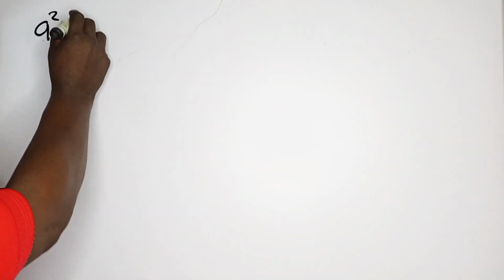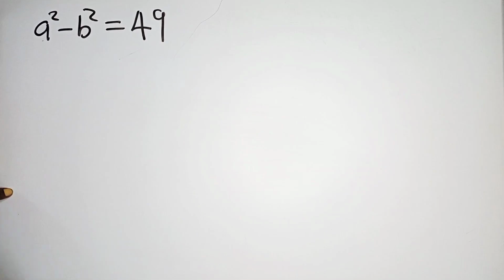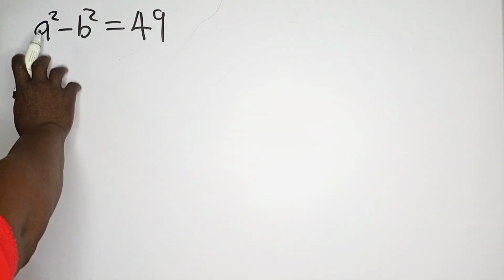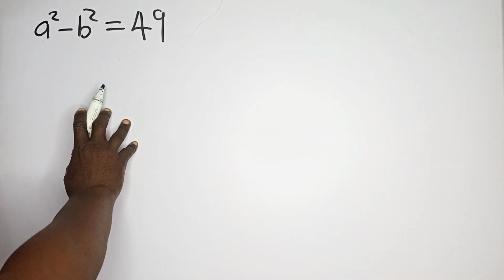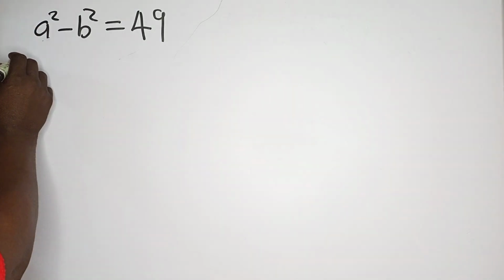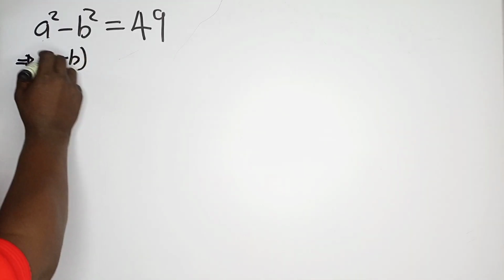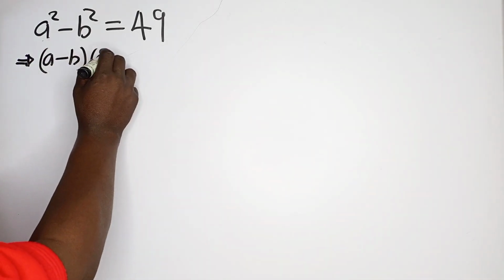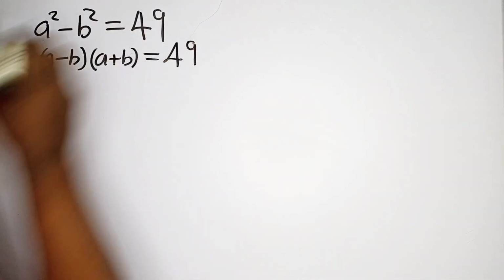a squared minus b squared is equal to 49. If you look at the left hand side, it is actually a difference of two squares. So we'll bring in the difference of squares identity here. When we apply it, we obtain (a minus b) times (a plus b) is equal to 49.